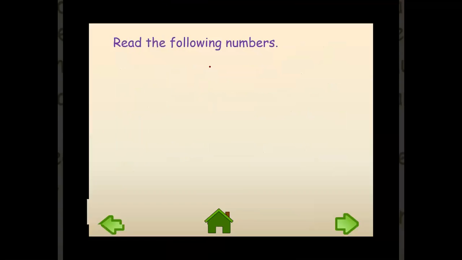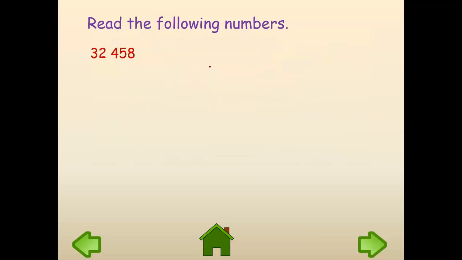For example, read the following numbers. 32,458. In order to read this number, I said several times the most important thing is to place the comma. 1, 2, 3, comma. We have just one comma. I will name it what? 1,000. I will start from the left side.